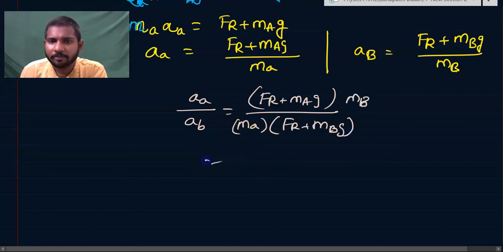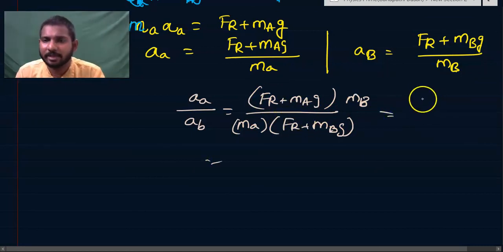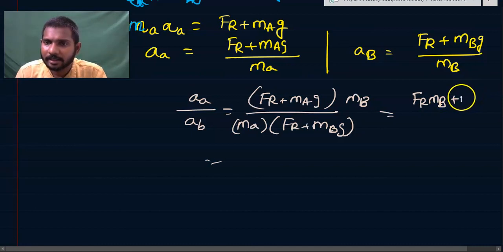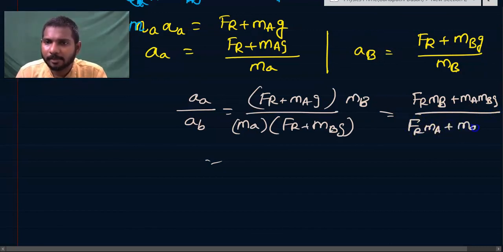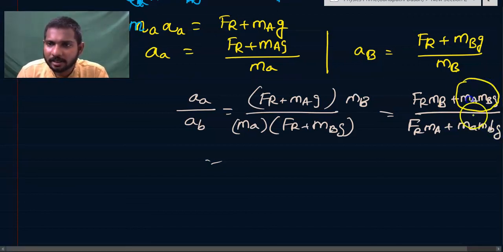Now if you multiply and simplify, I am trying to get a more proper understanding of this equation. Fr mB plus mA mB g divided by Fr mA plus mA mB g. So carefully try to understand this term, and this term is same in both the equations.